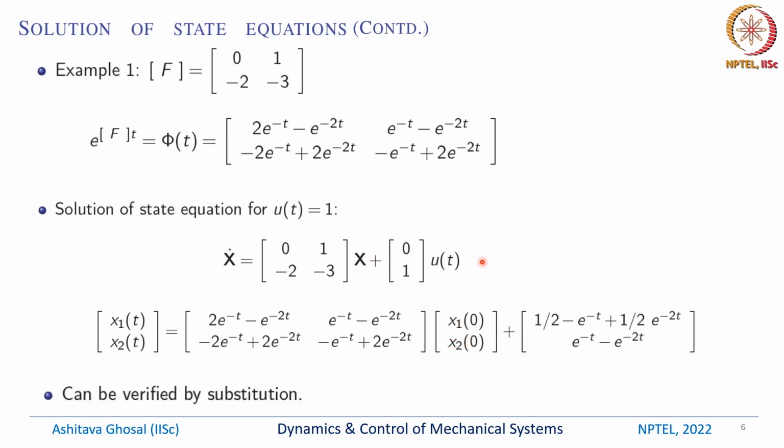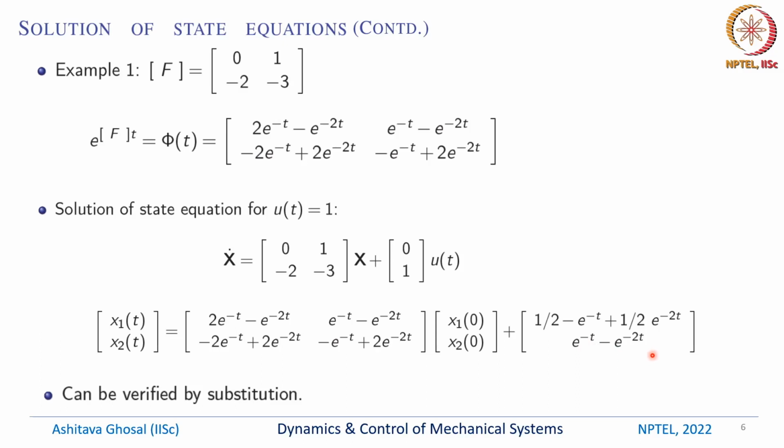And the particular part, which is the non-homogeneous part due to u, is half minus e to the power minus t plus half e to the power minus 2t, and the second element is e to the power minus t minus e to the power minus 2t.